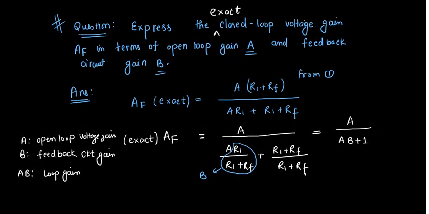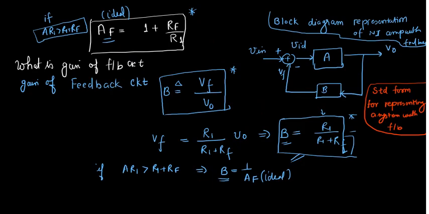Now what we will do: R1 plus RF is in the numerator, so we will take it into the denominator of the denominator. It's a very simple process. After this manipulation, this term will become 1, and this term is R1 divided by R1 plus RF, which is B, correct?